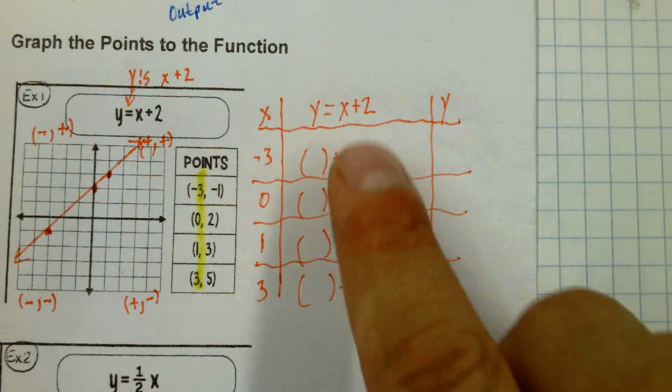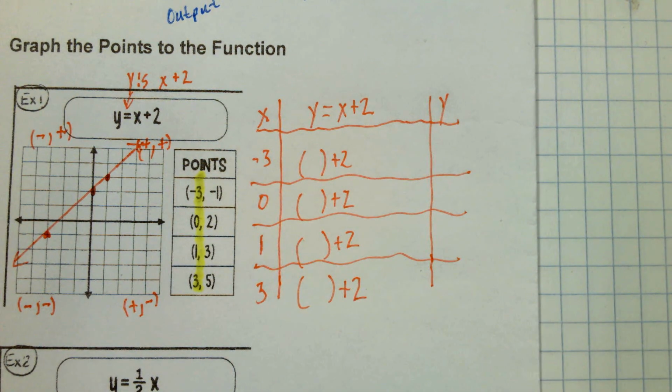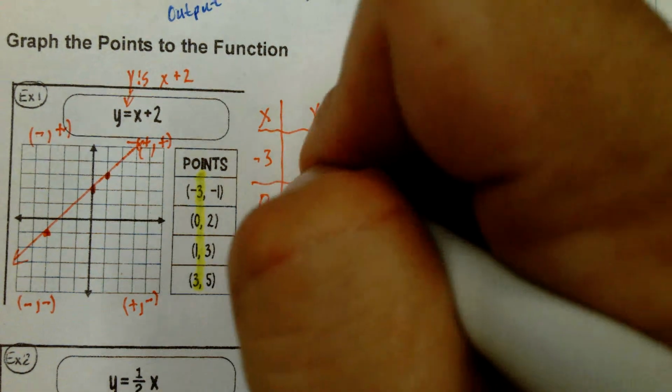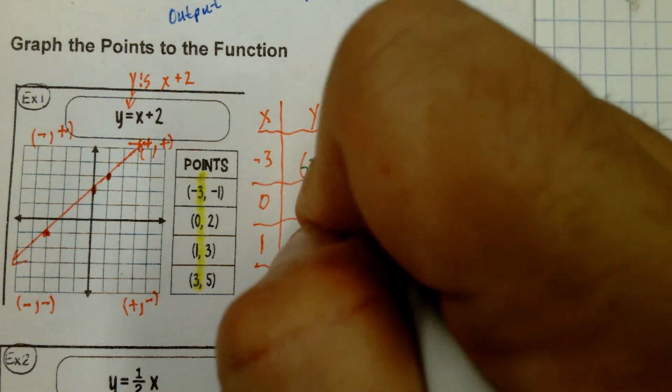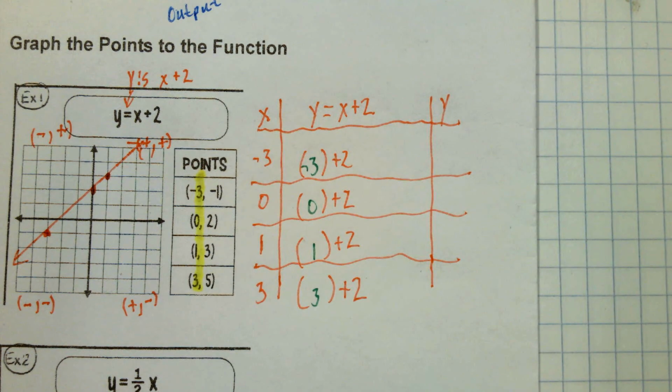Parentheses in place of x and then add 2. So these are the x values. These are my inputs. I input negative 3. I input 0. I input 1. I input 3. And then you just do the math.